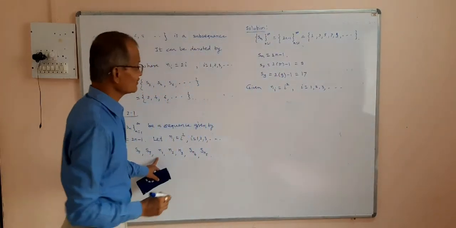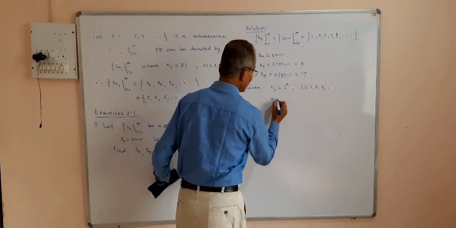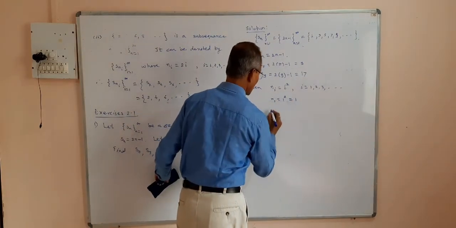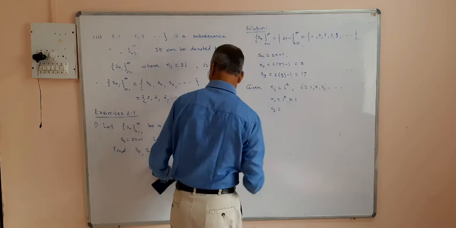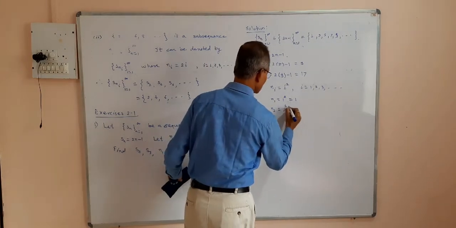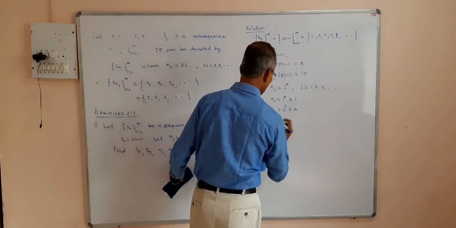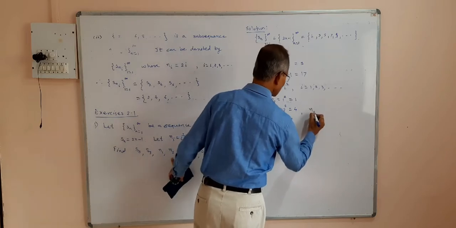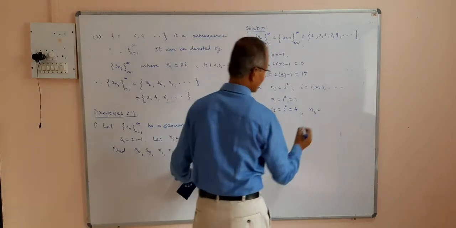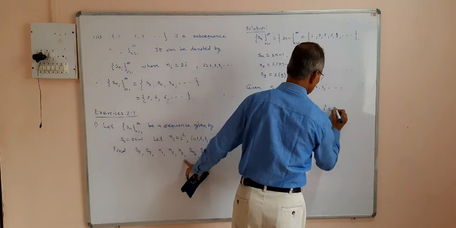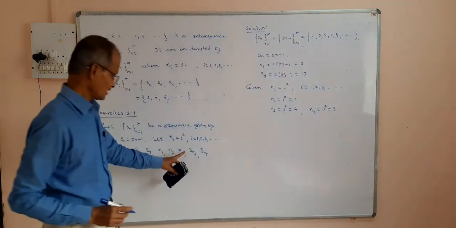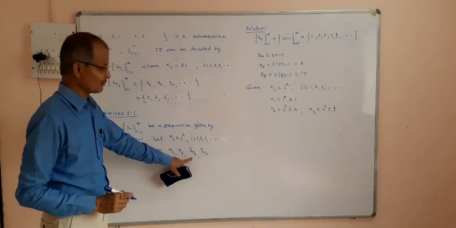So what is n1 from this? n1 will be 1 squared, that is 1. n2 will be 2 squared, that is 4. And n3 is 3 squared, that is 9. Now we are asked for S_{n4}.